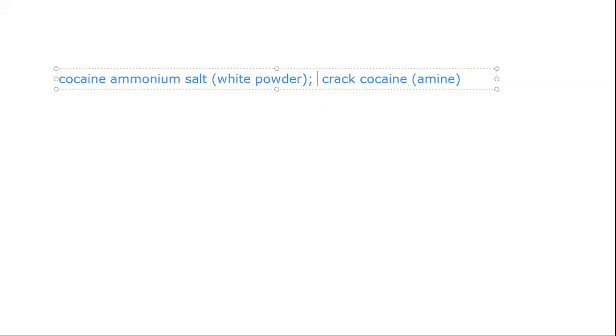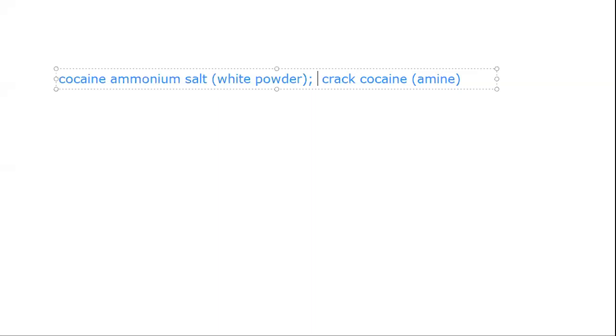That's the salt, the ammonium salt. Cocaine contains an amine. But you saw in these movies that they start heating the white powder and they get crack cocaine.